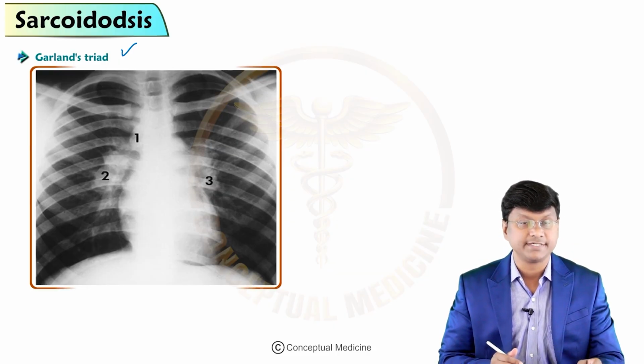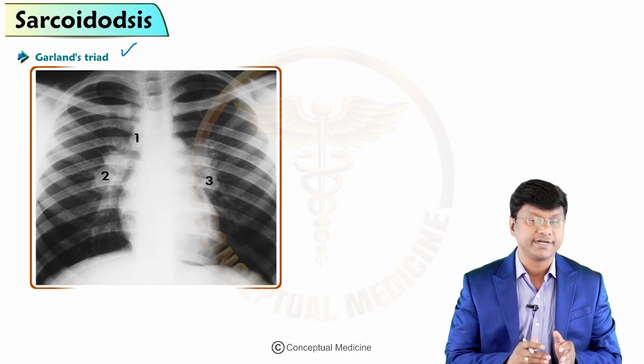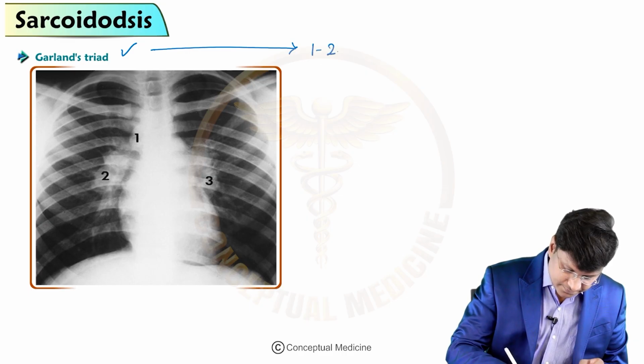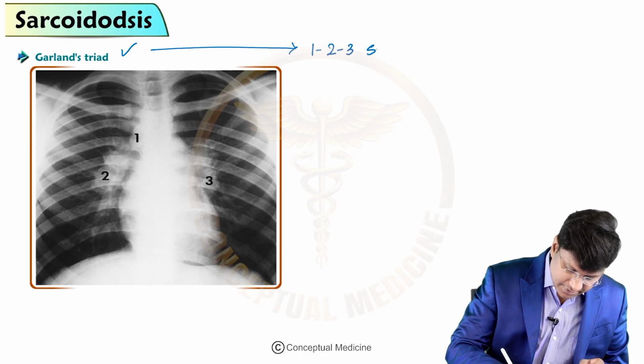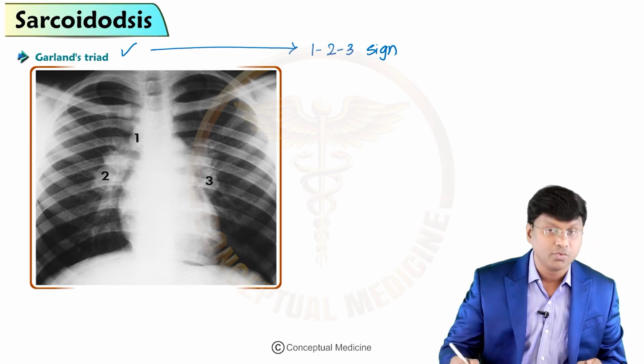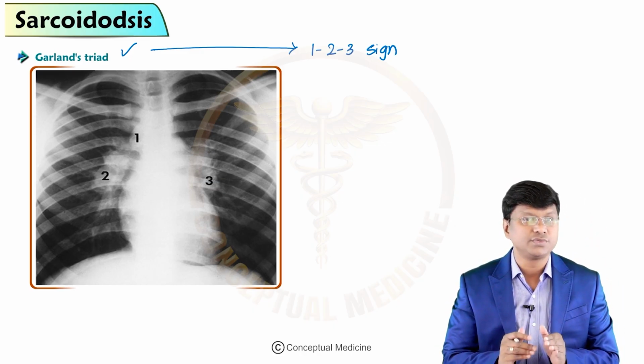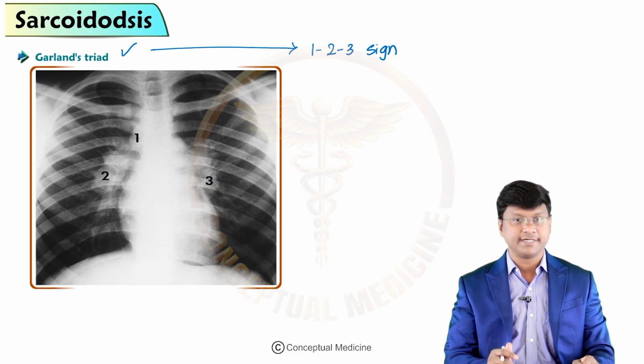Now, this Garland's triad is also known as the 1, 2, 3 sign. What is this 1, 2, 3 sign and what is this Garland's triad?